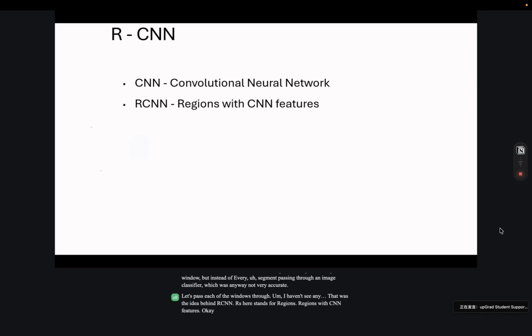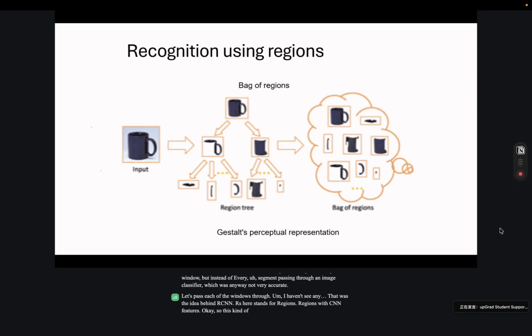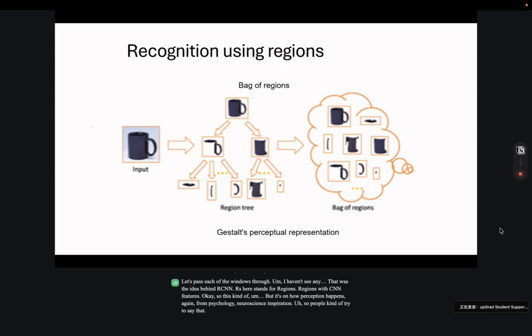Okay, so this builds on how perception happens, again, from psychology and neuroscience inspiration. People try to say that a big object is actually a combination of smaller features, right? So there is the handle, and then there is the cup, and the mouth of the cup, and the bottom of the cup.